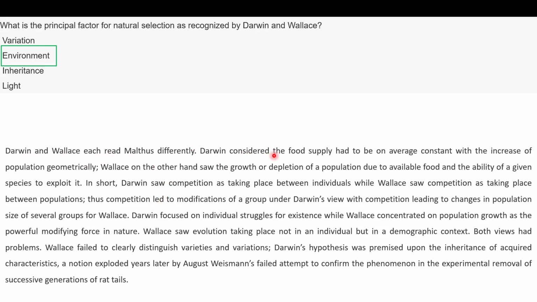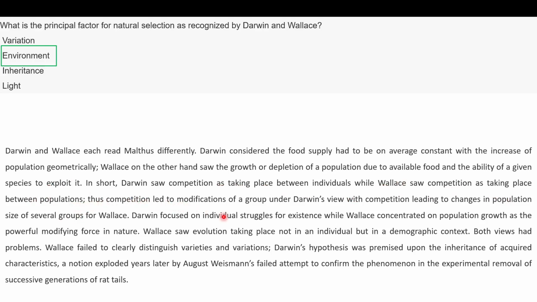Darwin considered the food supply had to be on an average constant with the increase of population geometrically, whereas Wallace saw the growth or depletion of a population due to food availability or in general resource availability and the ability of a given species to exploit those resources. So Darwin saw competition as taking place between individuals, whereas Wallace saw competition taking place between populations.